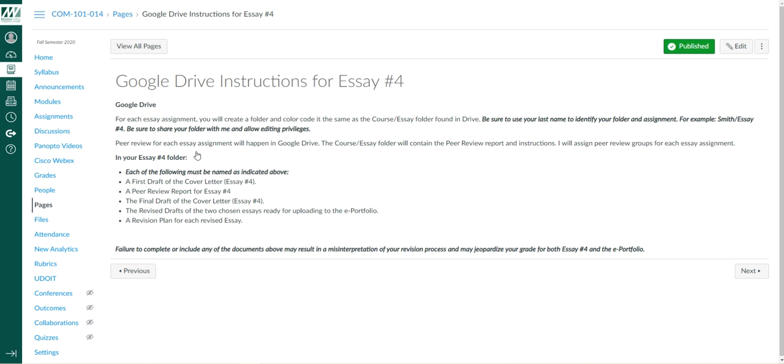As you can see, the documents here are really the ones that are required for the portfolio. If you have them in the public folder, it should be no problem with uploading them to your Google site to build your web page.